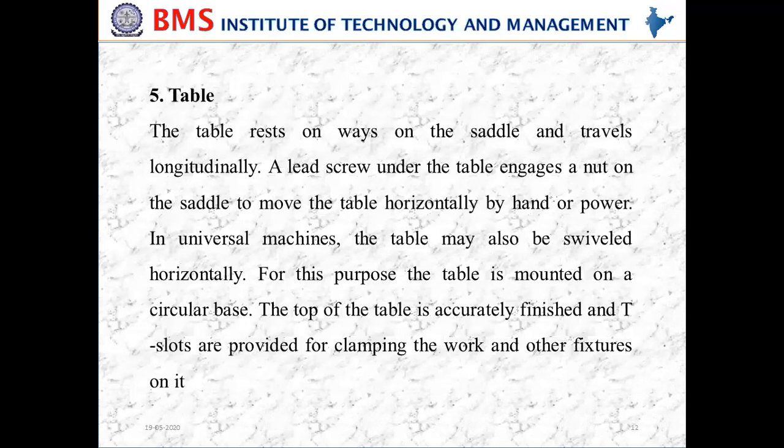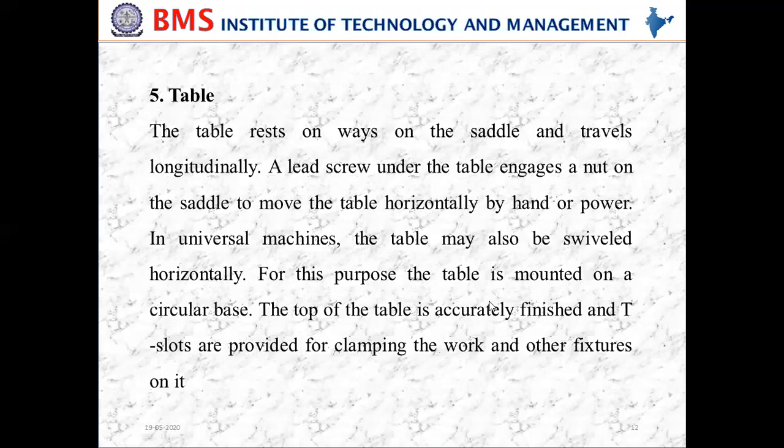What is the work table? It is the part on which the workpiece rests. The table rests on the guideways on the saddle and travels longitudinally. A lead screw under the table engages a nut on the saddle to move the table horizontally, by hand or by power. In universal machines, the table may also be swiveled horizontally.